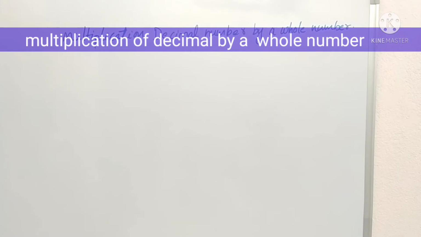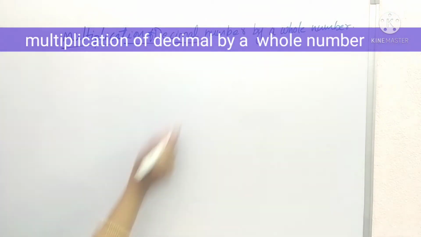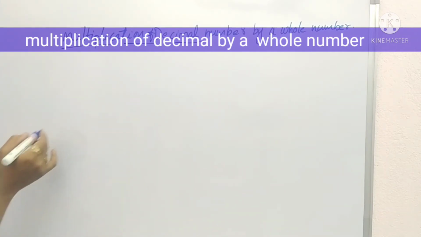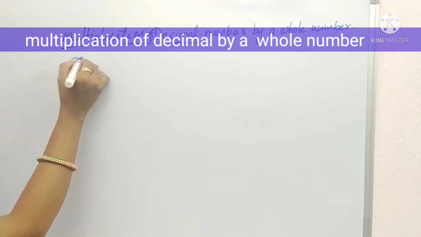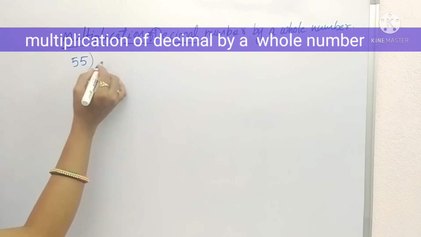We will see multiplication of a decimal number by a whole number. Suppose in our textbook on page number 55, the check your progress problems, I am telling.